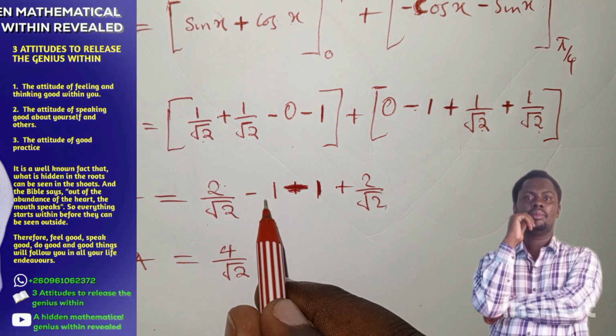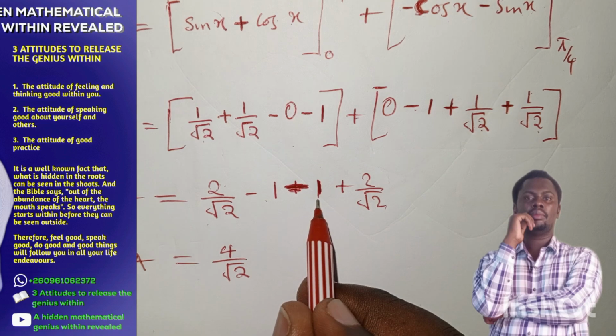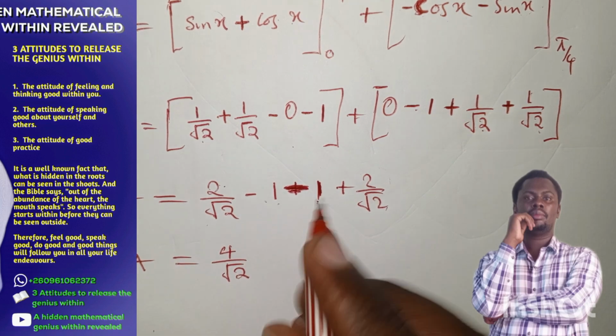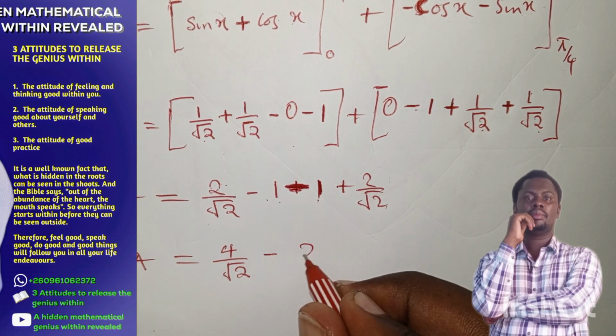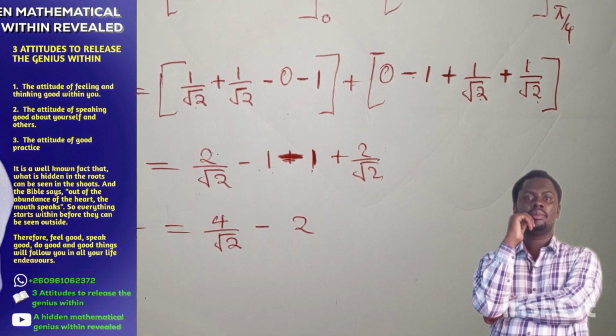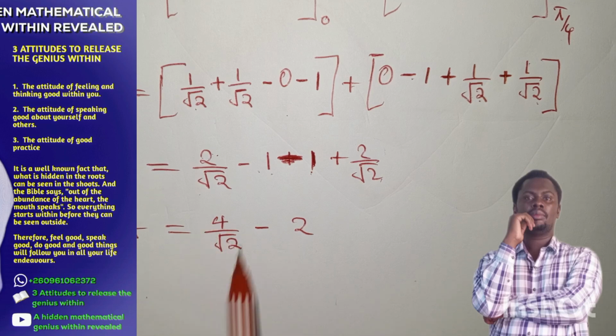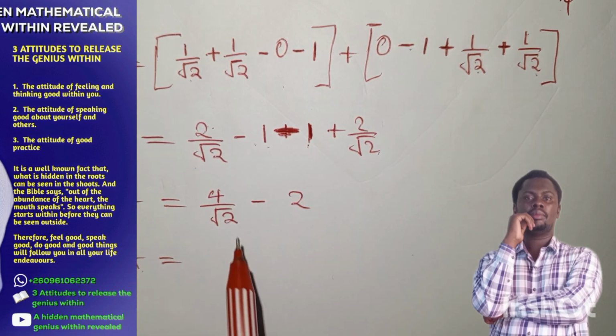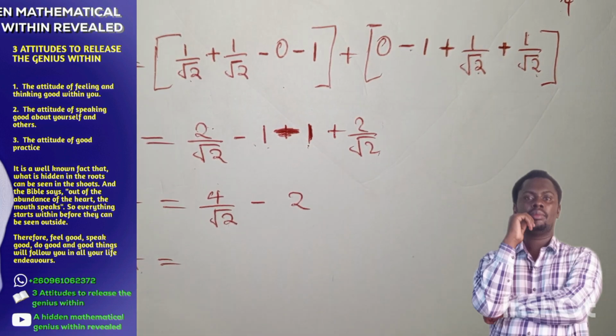Then here is minus 1 and minus 1. Same signs we add and maintain the sign. So minus 1 minus 1, you get minus 2. Then we can simplify this. Since we have over square root of 2 here, we can multiply both the numerator and the denominator by square root of 2.